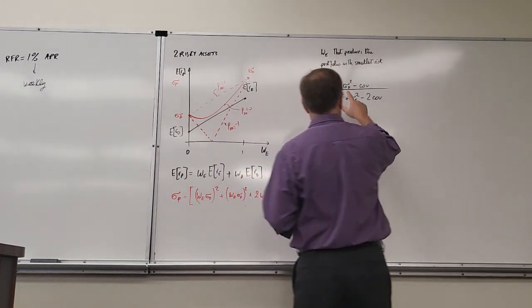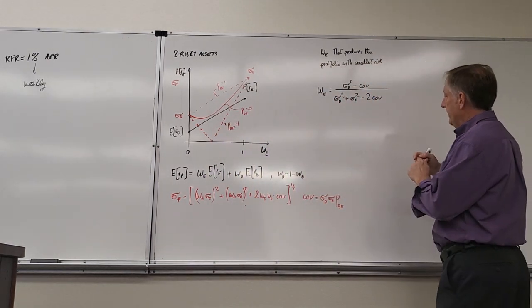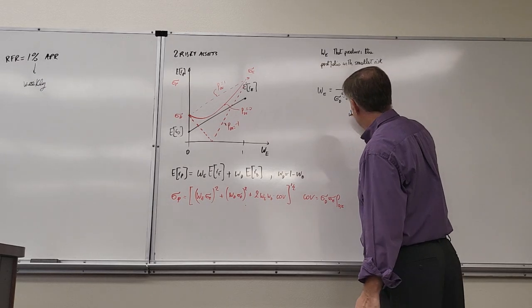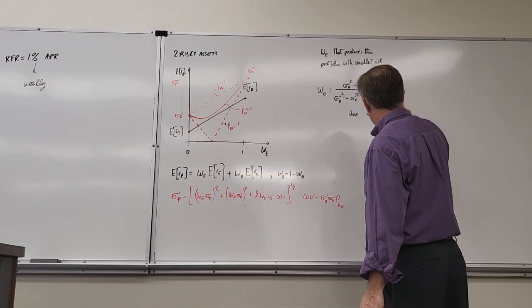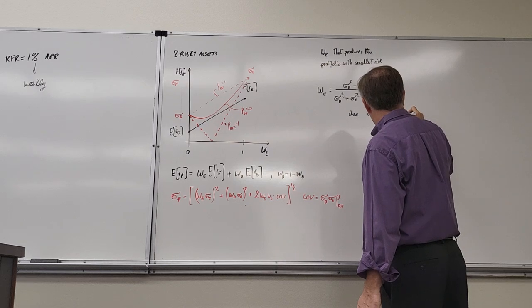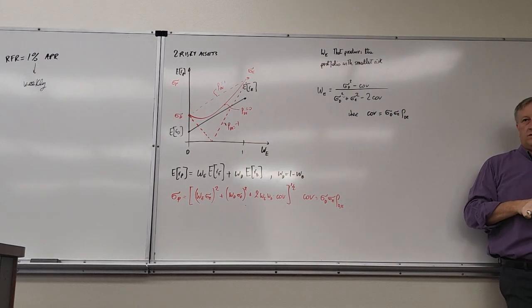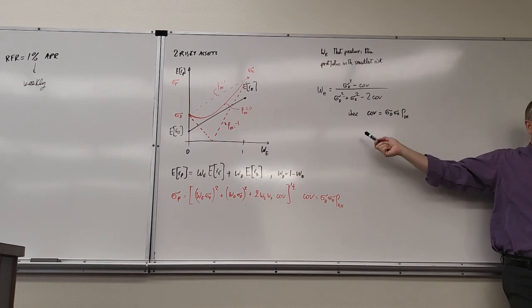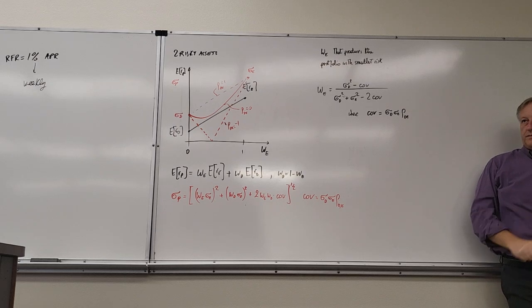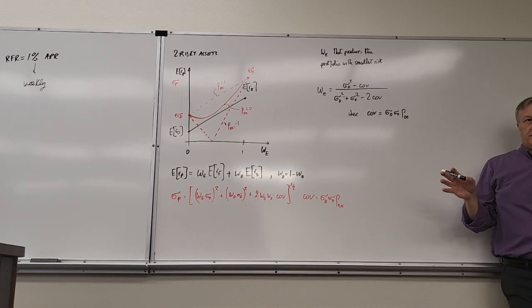Well, given the characteristics of D and E and how they correlate with each other, where this curve is equal to sigma d, sigma e, correlation. So given the characteristics of the two assets, this tells you the unique way that you can mix them and get a portfolio that has the smallest amount of risk. You good?